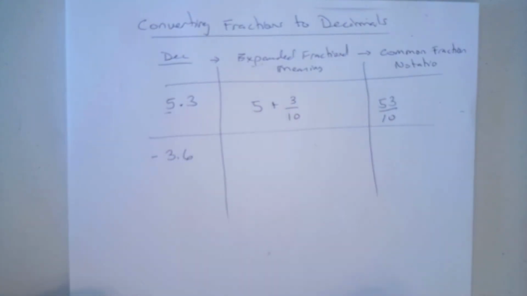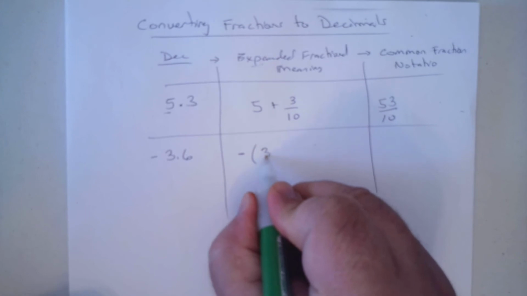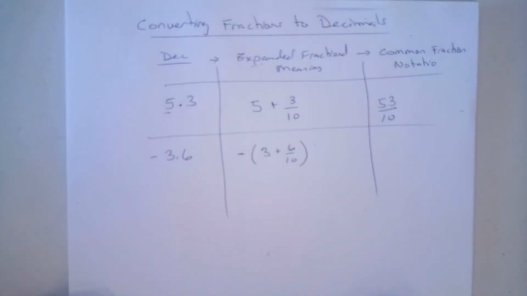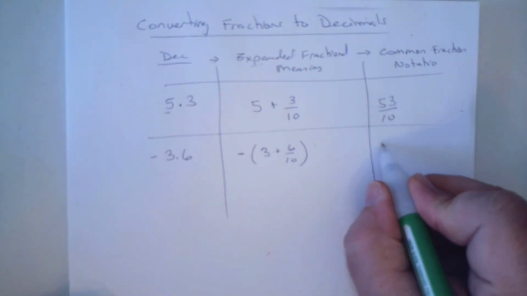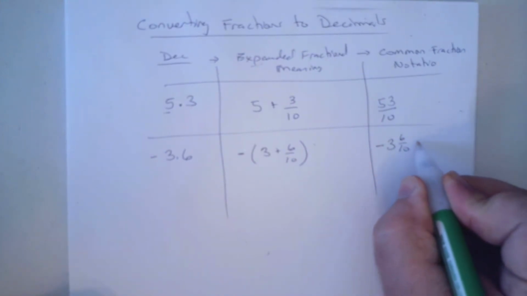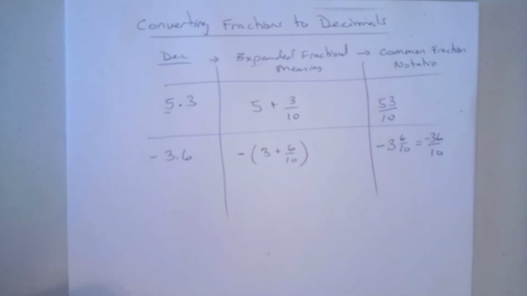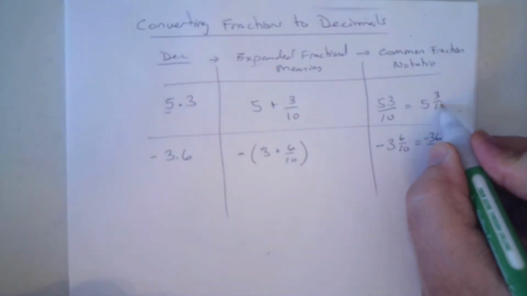Also with negative numbers. The negative belongs on the outside. So it's 3 plus 6/10, which is negative 36/10.